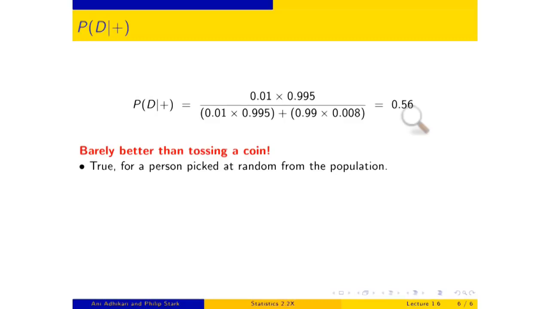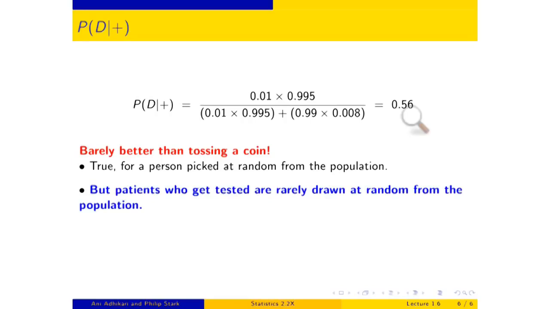Not quite. What was the assumption? The person was picked at random and given the test. The person picked at random from the population and tested. Is that the way people normally get tested? I don't think so. Patients who go to get tested go because they think there is some reason for them to get tested for that particular disease.